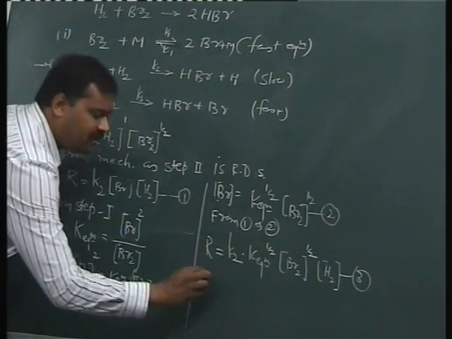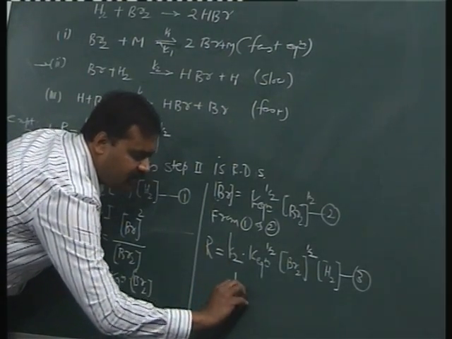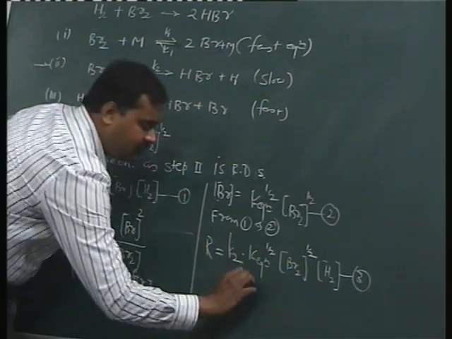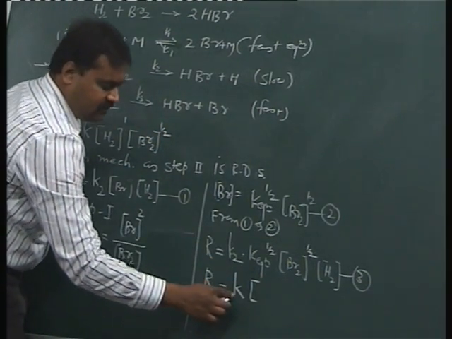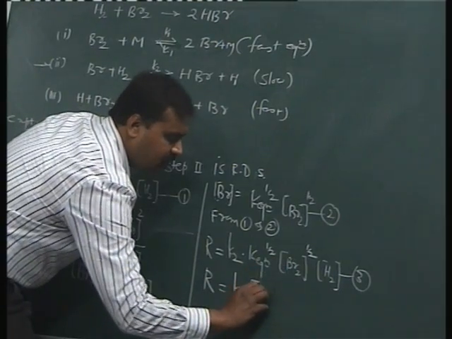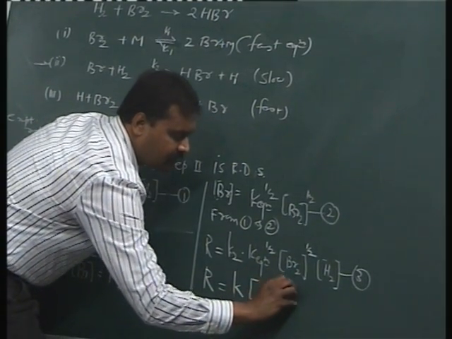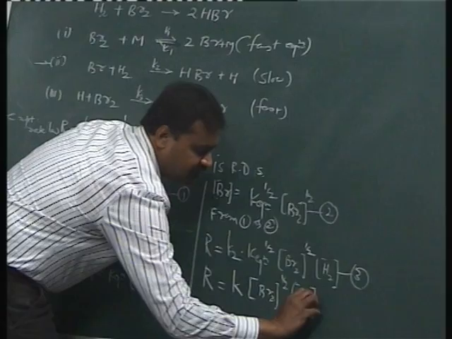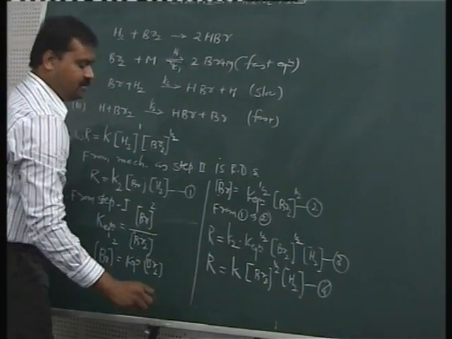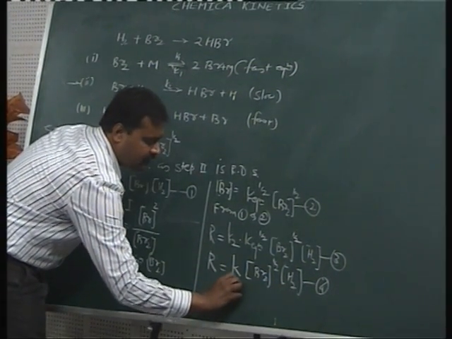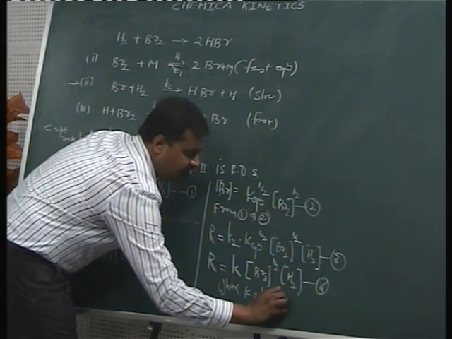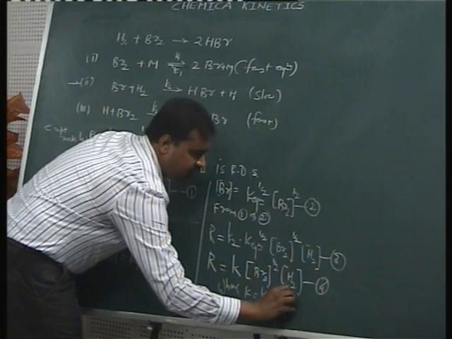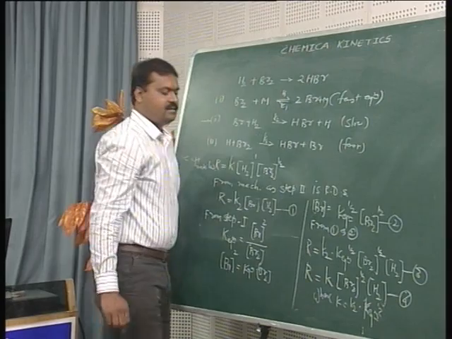Say it is one constant, that is K, therefore R is equal to constant K into Br2 raised to half into H2. Say this is 4, where this K is a combination of two constants, K2 into K equilibrium raised to half.